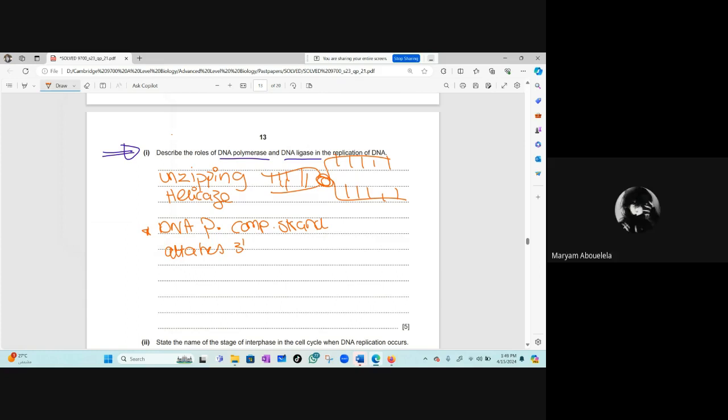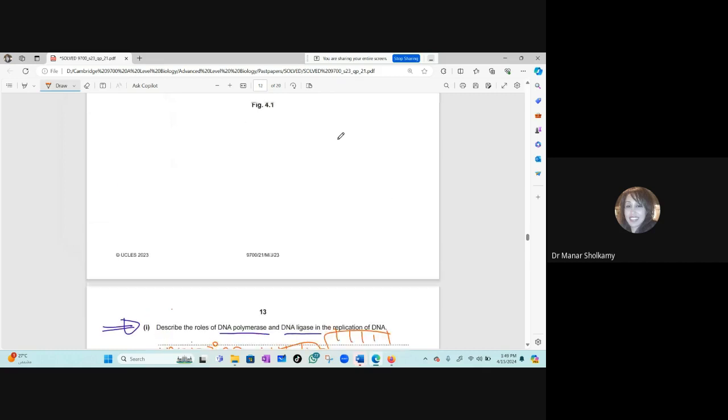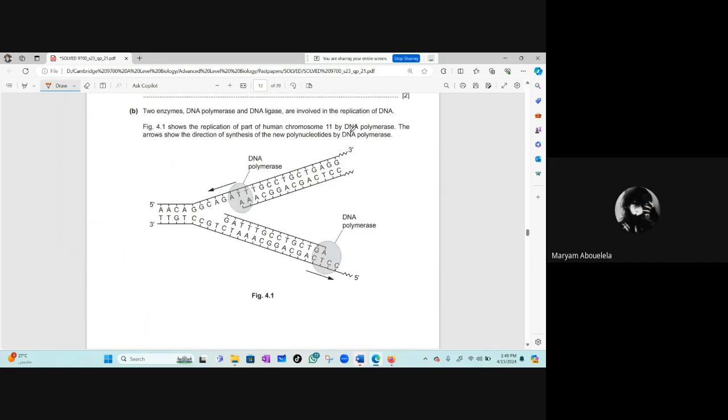It forms phosphodiester bonds between the complementary nucleotides. Yes, they are made. And if it is moving, which will be the lagging and which will be the leading strand? The leading strand is the strand where it is formed directly, and the 3' strand.